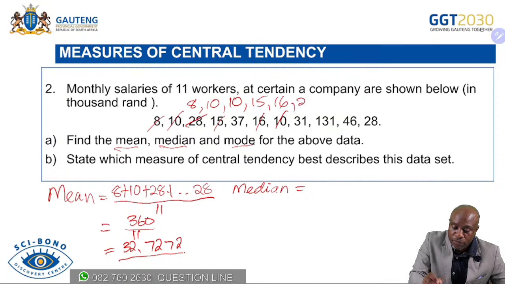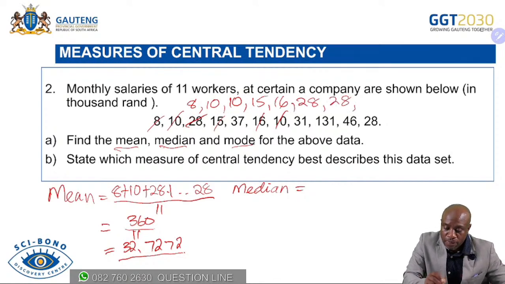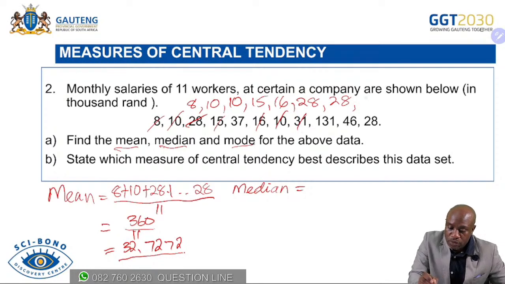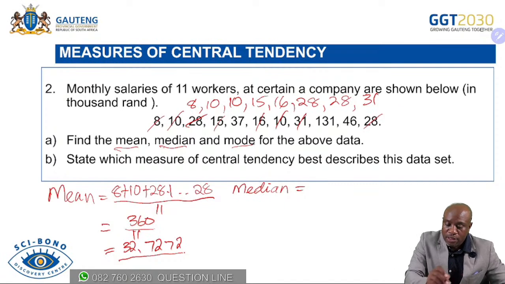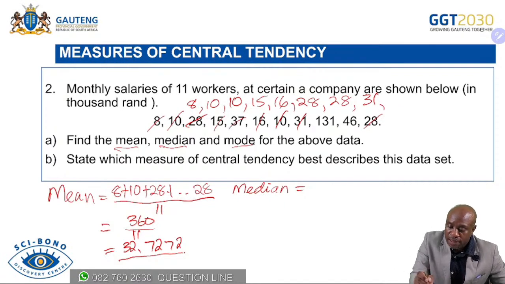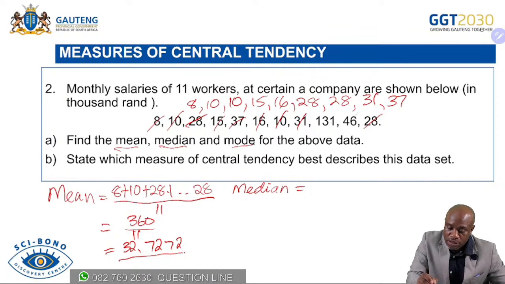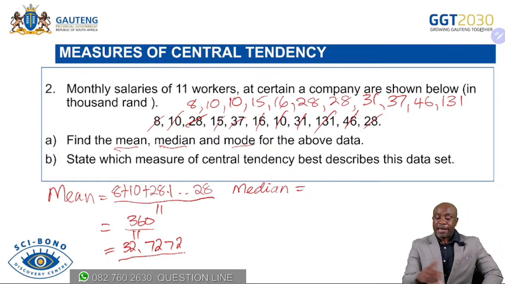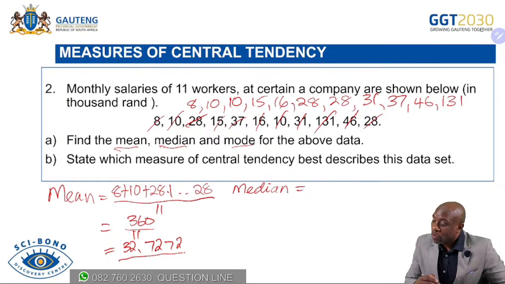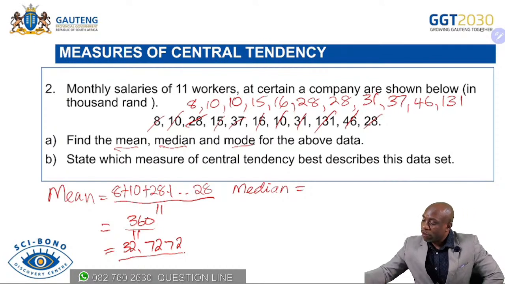Two of them, 28, 28. And the next one is a 31. And then the next one is a 37. So 37 and 46. And finally, I have 131. So my numbers are now arranged in order, and therefore we can now calculate the median.